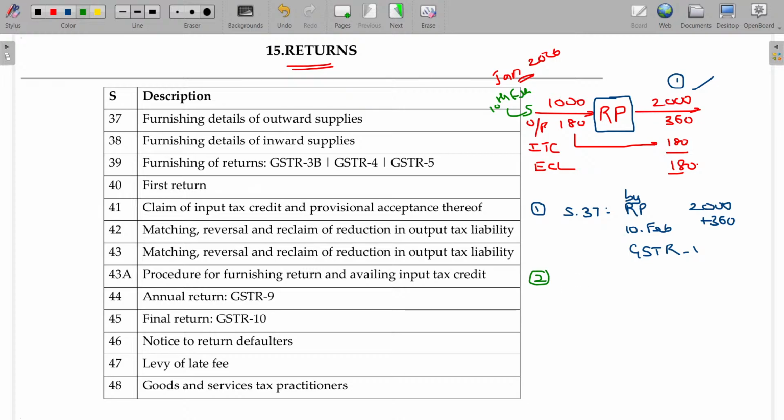Now, after 10th February, from 11th February onwards, up to 15th February, if he logs in to his own portal, this detail is available there: 1000, GST paid on this being 180, in GSTR 2A.